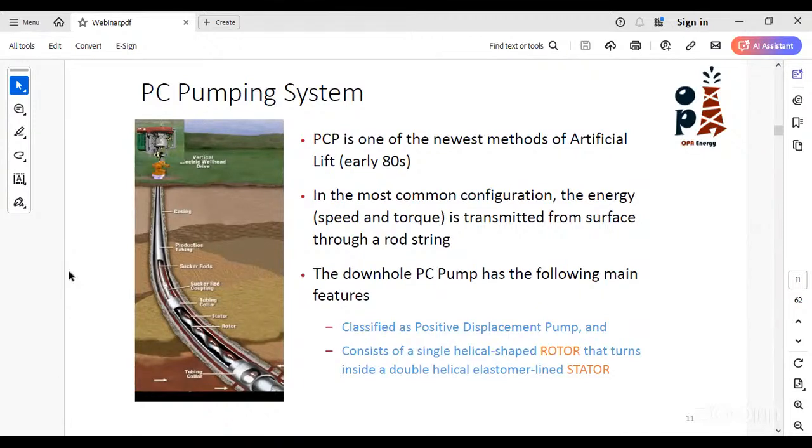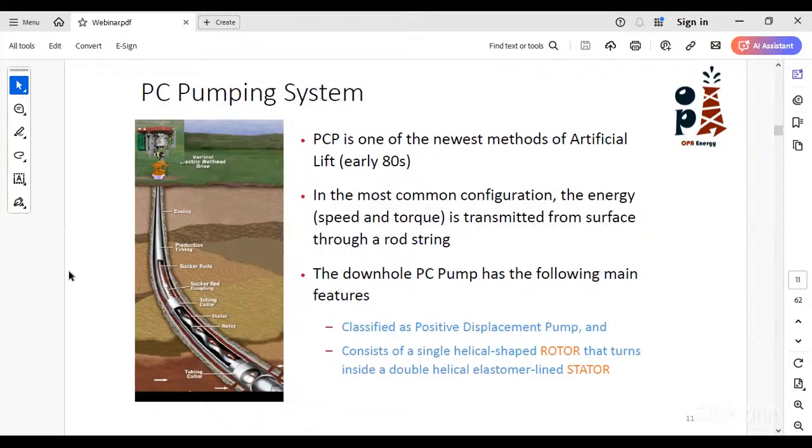And so with the movement of the pump, either a reciprocating movement or a rotation movement, this fluid is pumped through the different chambers or cavities until going through the tubing till reaching the surface.